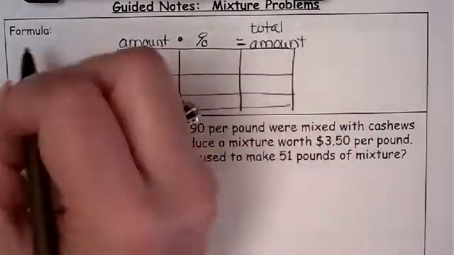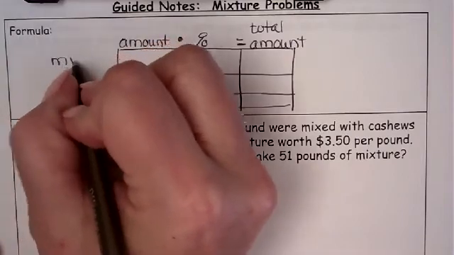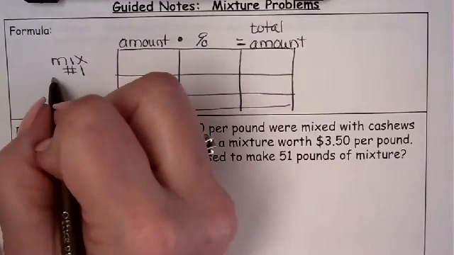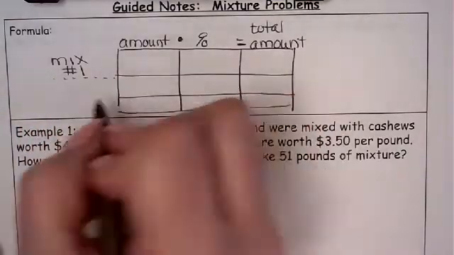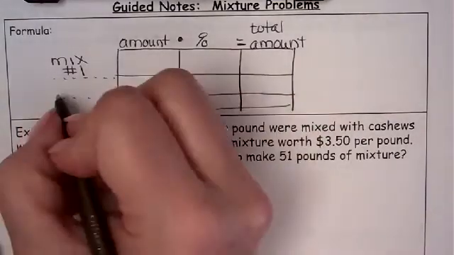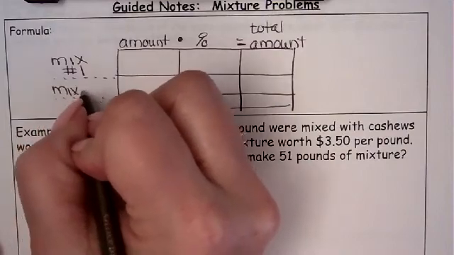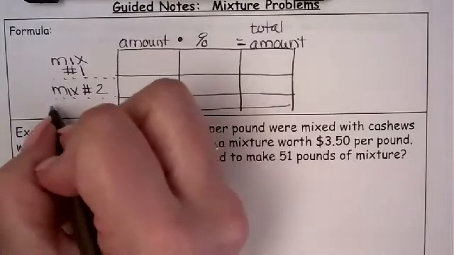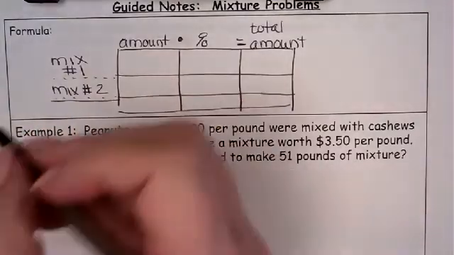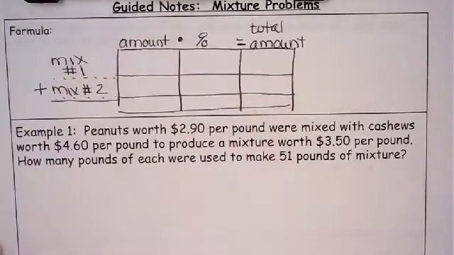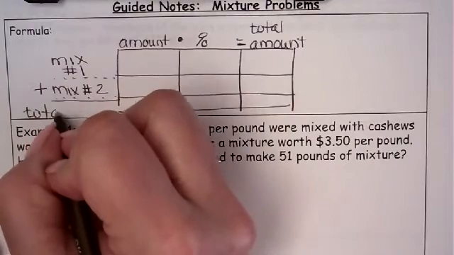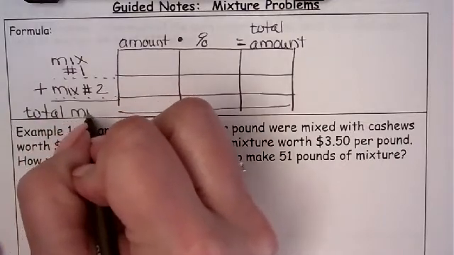This first row is going to be mix number 1. The second row's title is going to be mix number 2. Now I'm going to add those 2 rows together, and it's going to give me my bottom row, which is going to be labeled total mix.